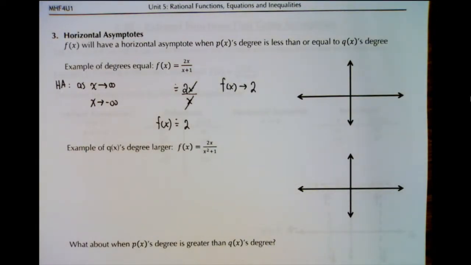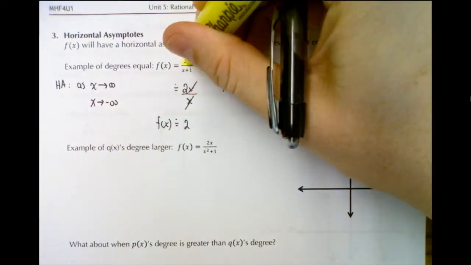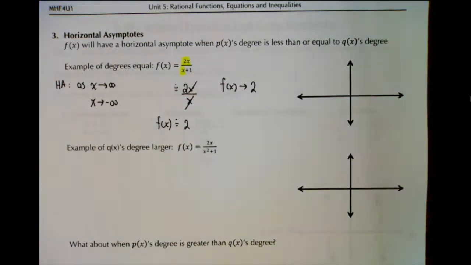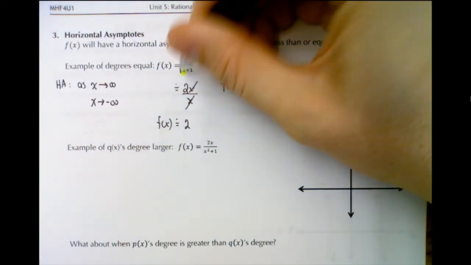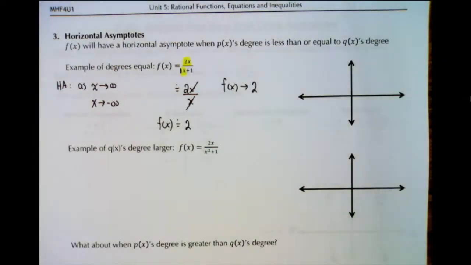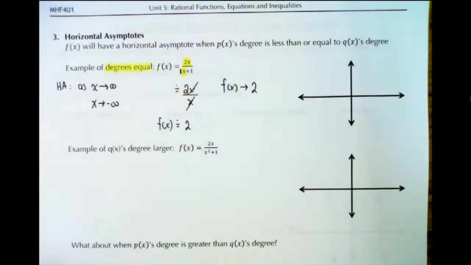To simplify the explanation even more, let me grab my highlighter here, we're basically just looking at the ratio of the x values. So what's 2x divided by x? Or even just the ratio of the coefficients in front of x. So what's 2 divided by 1? Well, it's 2. That will always be the horizontal asymptote when the degrees are equal.